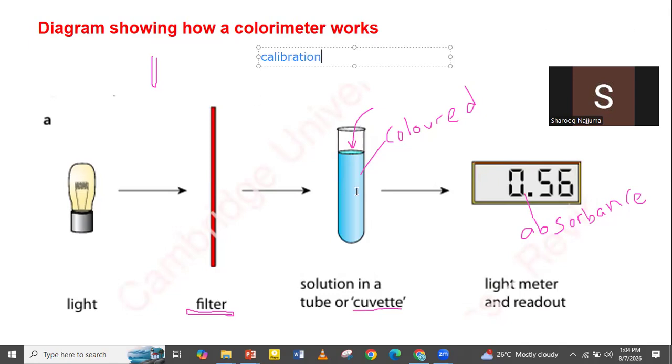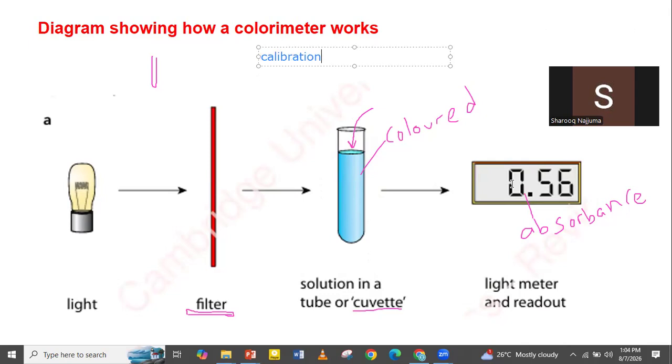By the time you remove this solution, it would have given you the absorbance, but then you want to measure the absorbance of another solution. It will not turn itself back to zero. You have to do that.